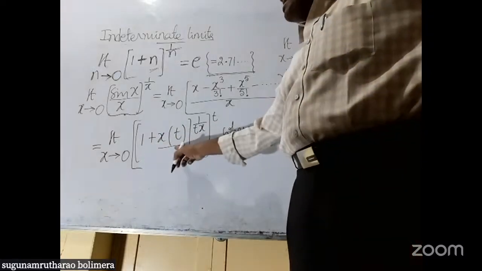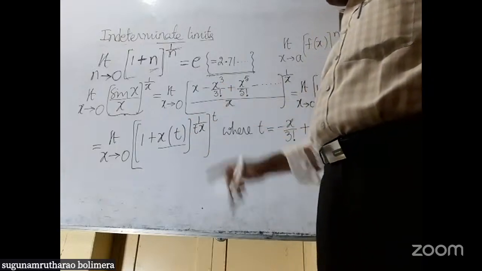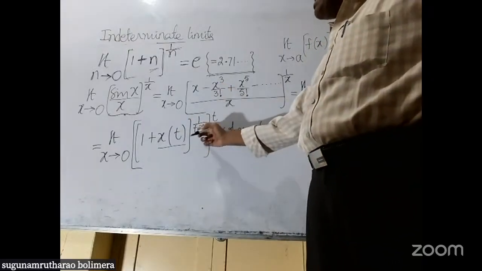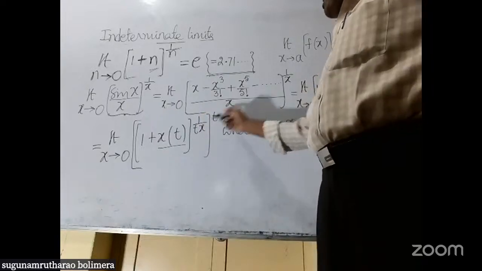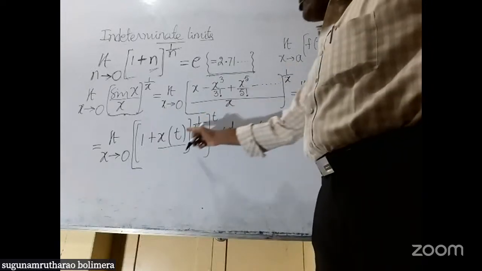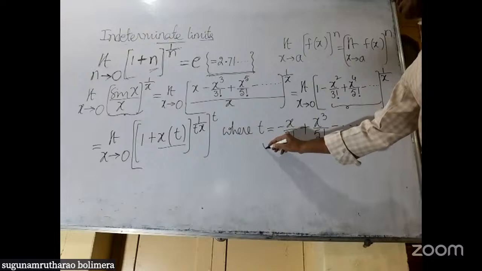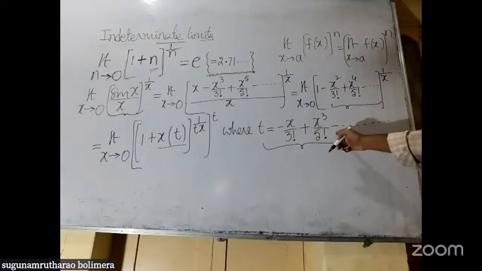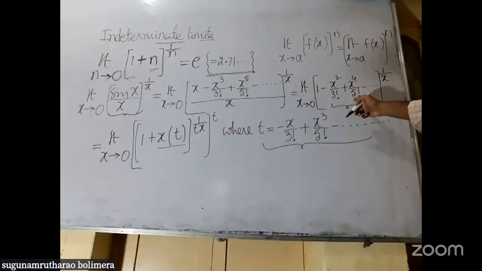Now (1 plus tx) whole power 1 by tx, whole power t. If you cancel this t, you will be getting only 1 by x. If you substitute that t value here, you will be getting the same thing.